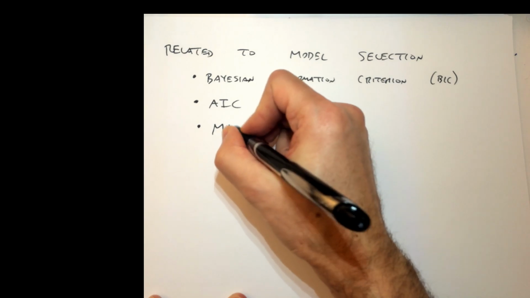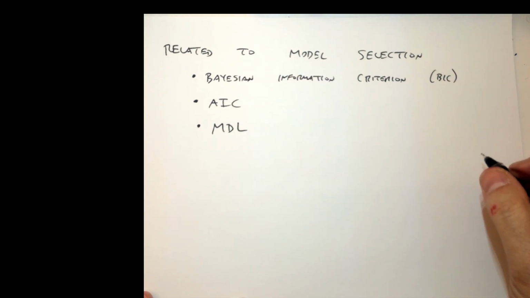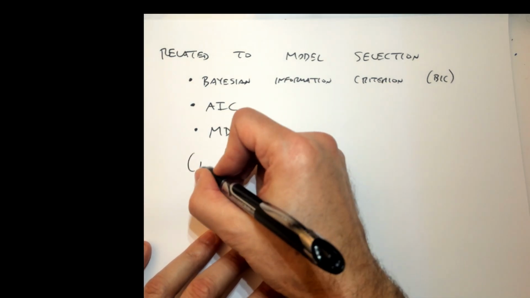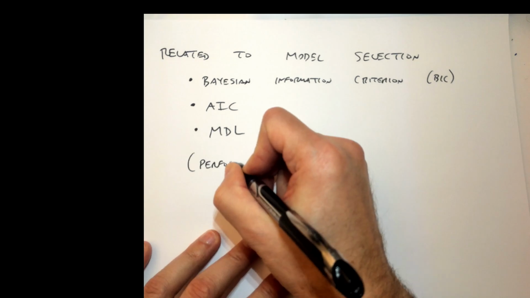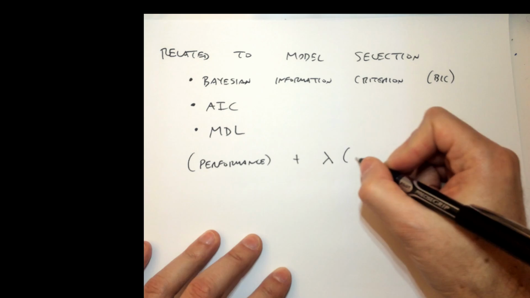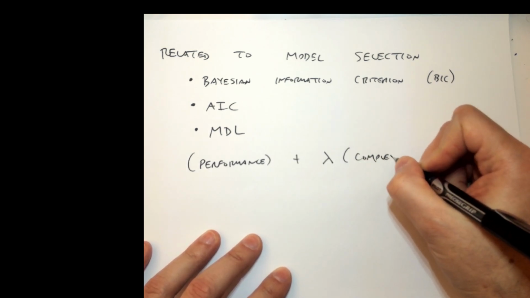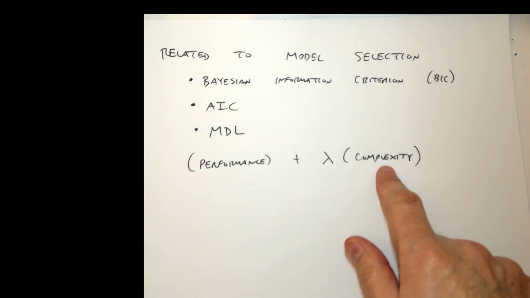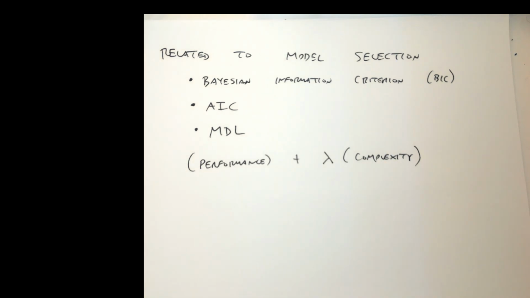There's something called minimum description length, MDL. So again, if you read a textbook, you'll see these things. These are all related to the idea that you have your performance, so your accuracy, plus some weight times the model complexity. That's the philosophy behind all of these model selection algorithms, where this is like the number of parameters of the model, for example.